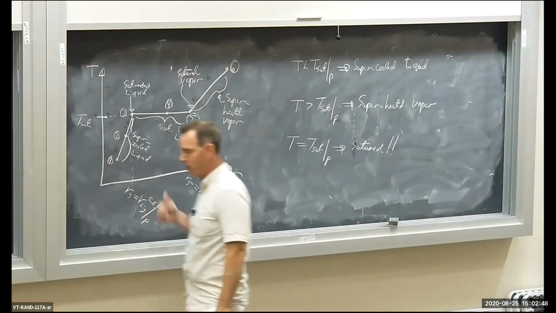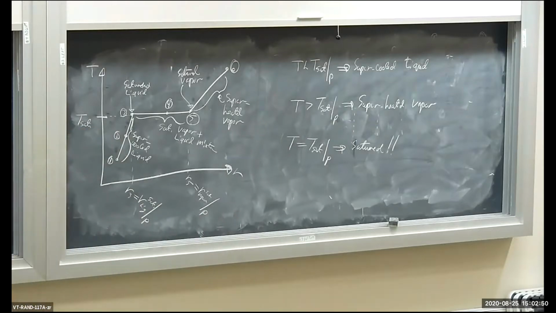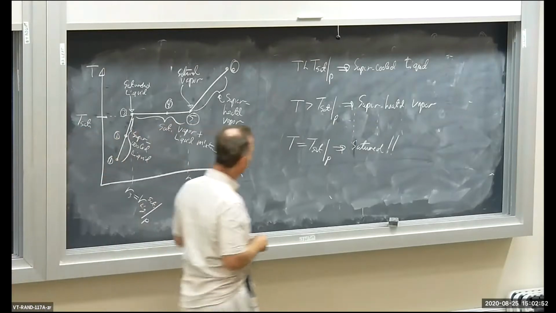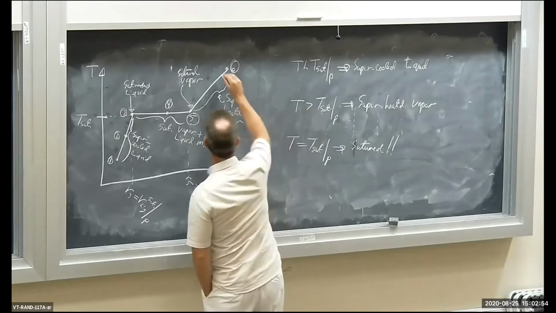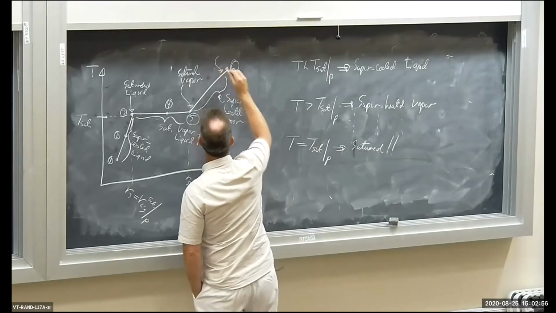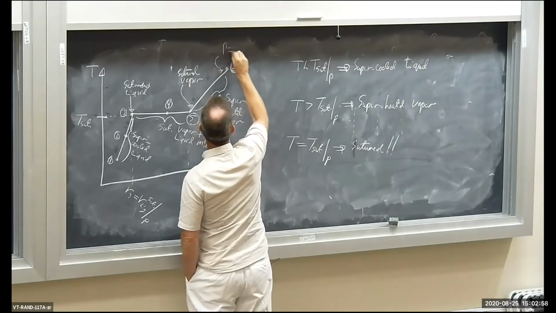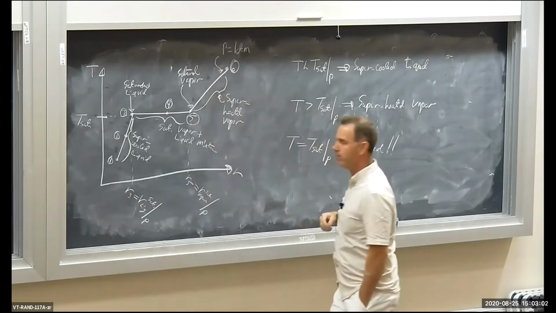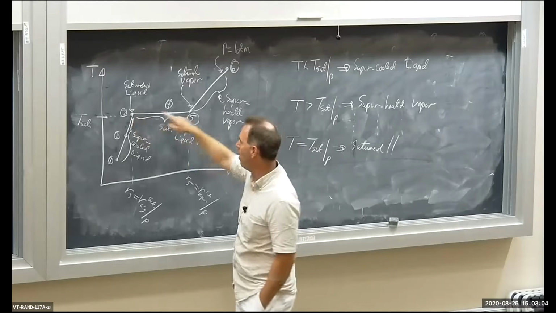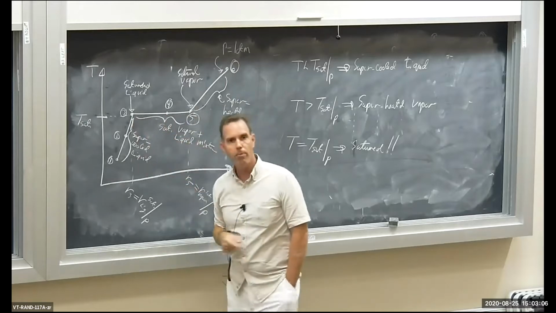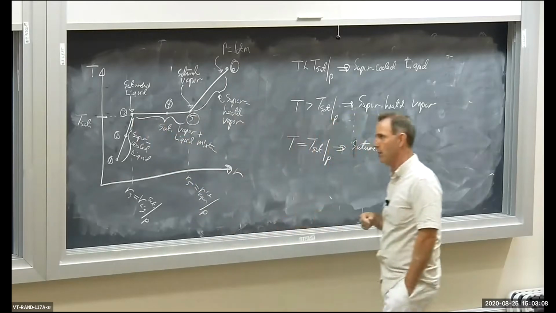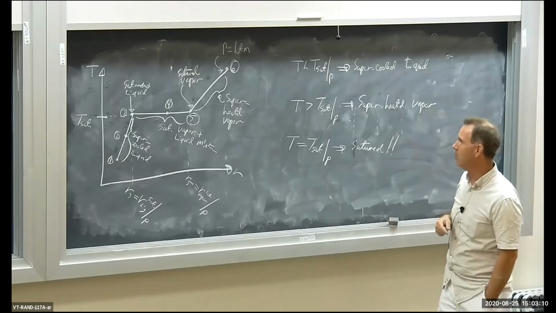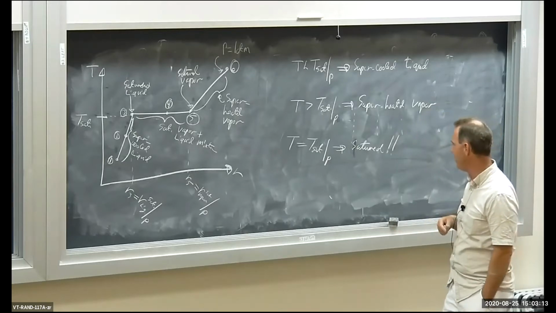I heated it up until it started to boil. I vaporized it, and I continued to heat it up. That was for one pressure. So this is for a pressure equal to 1 atmosphere. This is an isobar. Isobar means same pressure.